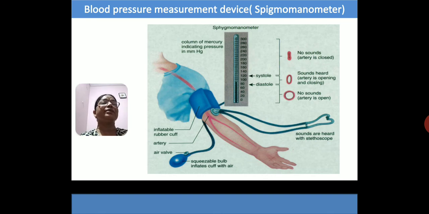Before knowing about the two methods, that is palpatory and oscillatory method of measurement of blood pressure, let us know about the device sphygmomanometer, which is used for the measurement of blood pressure. It consists of an inflating cuff, an inflating bulb and inflatable cuff, a mercury manometer, and a stethoscope.